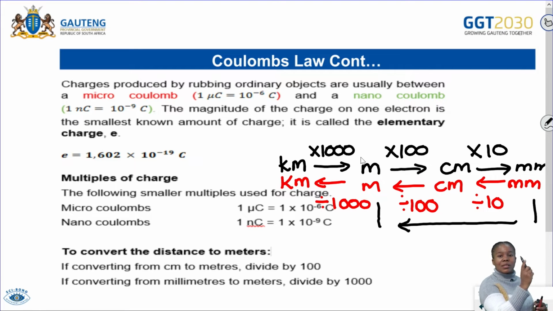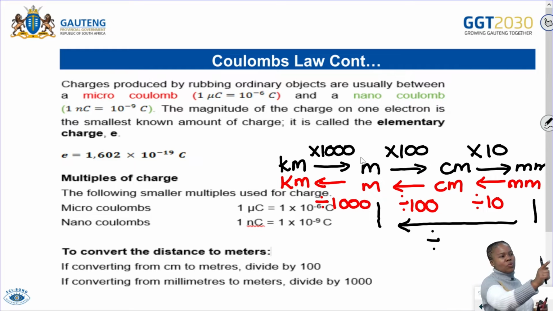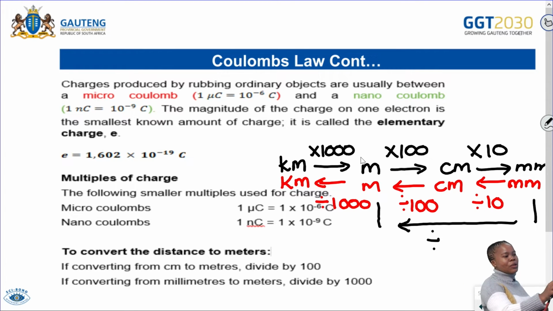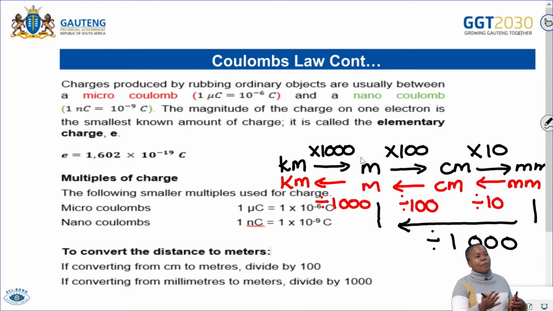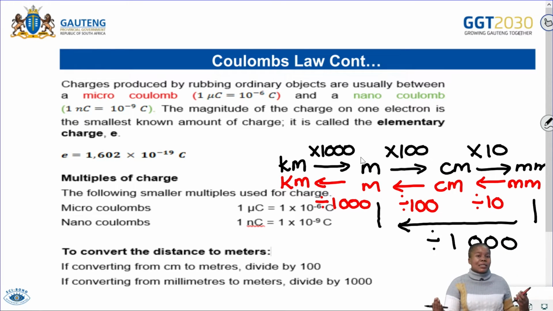Dividing, because the arrows going in that direction mean division. Then you look at the number of zeros that you have jumped. How many zeros did you jump? You've jumped 3. How many zeros is 3? If you have 3 zeros, it's 1,000. So you know that you need to divide by 1,000. I'm doing this example because our desired SI unit for the distance is meters.